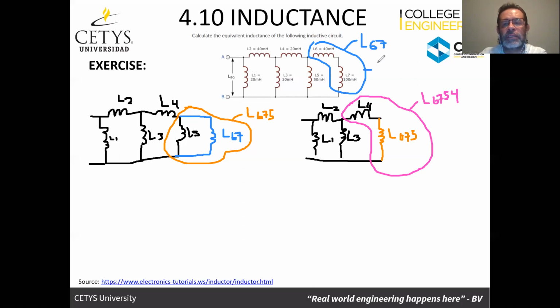This is series. This is parallel. This is series. I'm not going to do the calculations, by the way. I'm just going to do the procedure. Then we go over here and I'm going to have boom, boom, boom, boom.